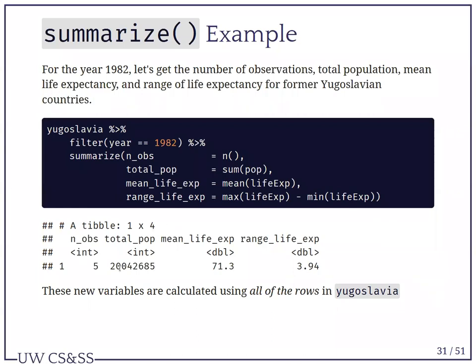And so what you have returned is a table with 1 row, the number of observations, 5, the total population, 20 million, mean life expectancy, 71.3, and the range life expectancy, 3.94. So these new variables are calculated using all of the rows in our Yugoslavia data in 1982.